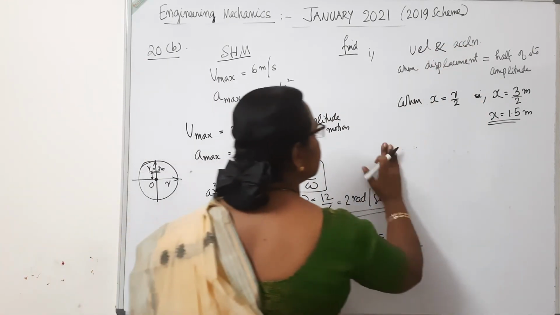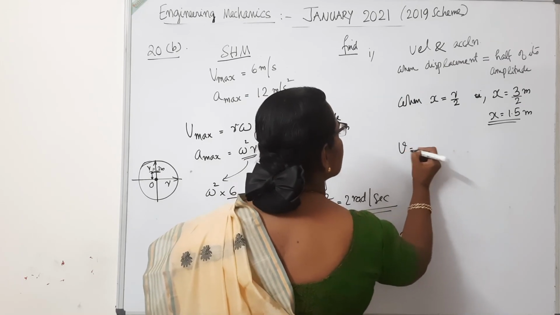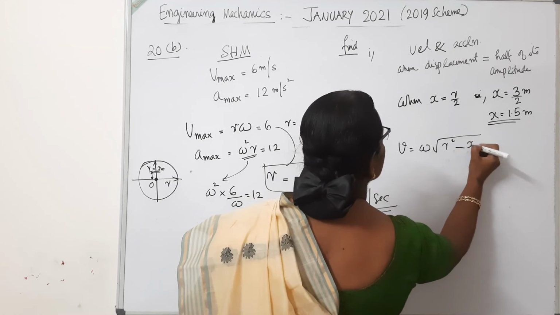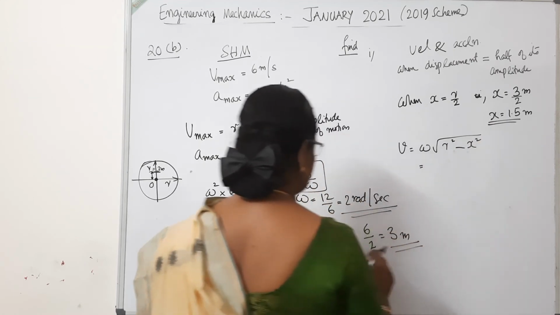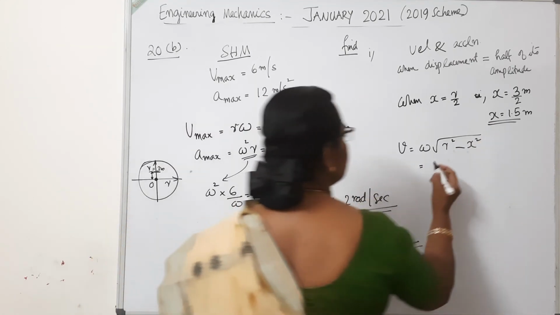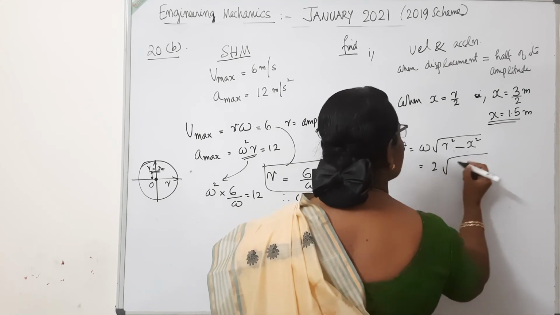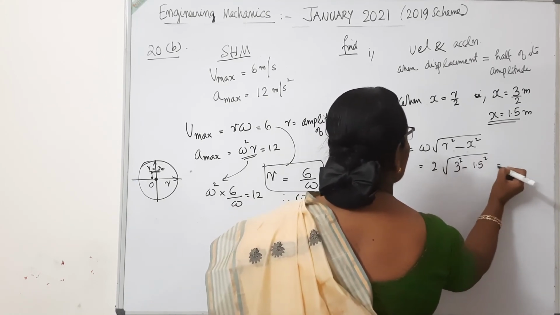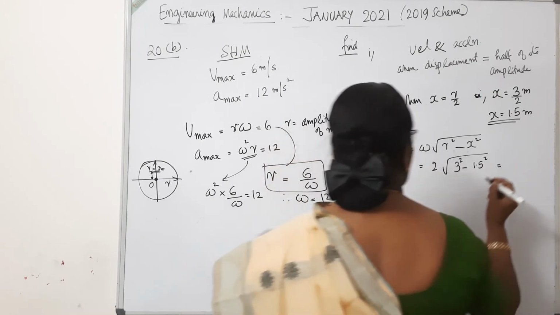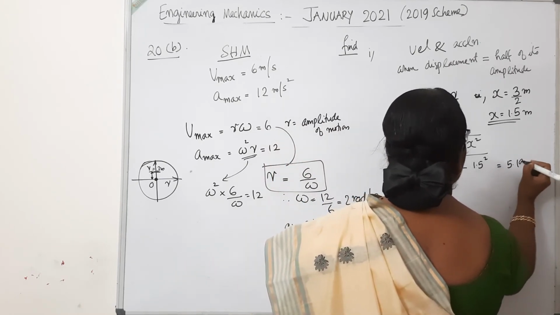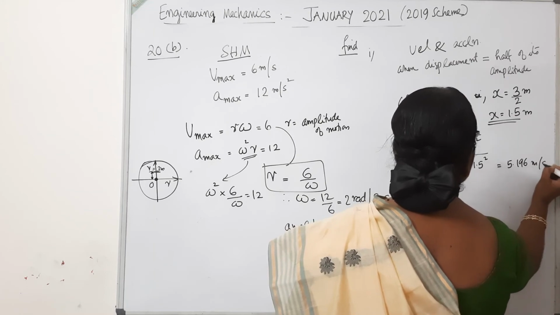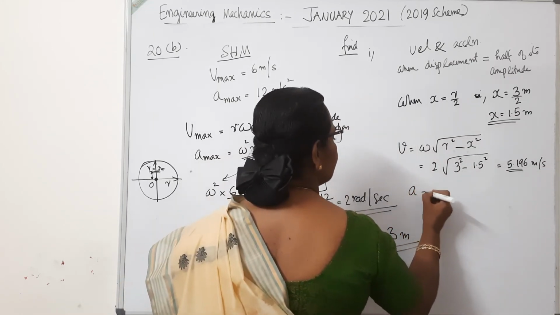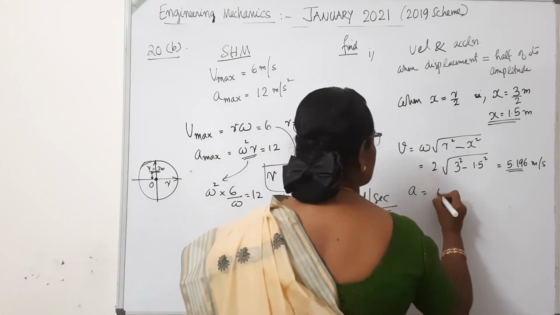We have the relation v is equal to omega into root of r square minus x square. So we get 2 root of r square minus x square, which is 5.196 meter per second. And the acceleration a is equal to omega square x.